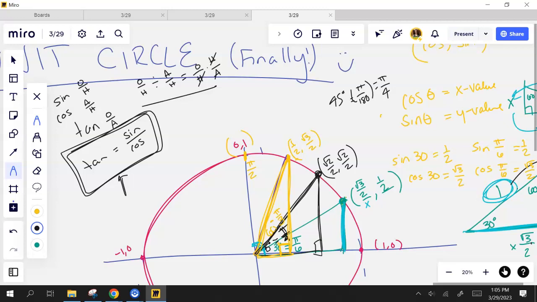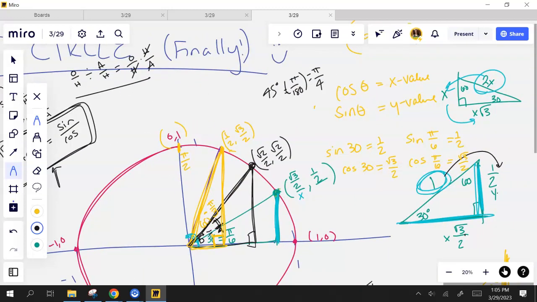All right, back to the unit circle. If it's sine over cosine, let's start at this easy one. Here, the tangent is 0 divided by 1, which is 0. Here, the tangent is 1/2.